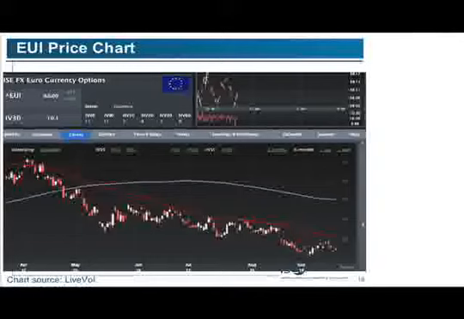This is a simple candlestick price chart of the EUR. And okay, so we can kind of see, it's fallen fairly substantially, really, since April. And it's really come down below its moving averages.